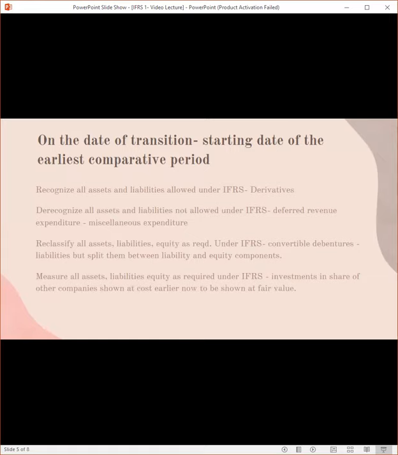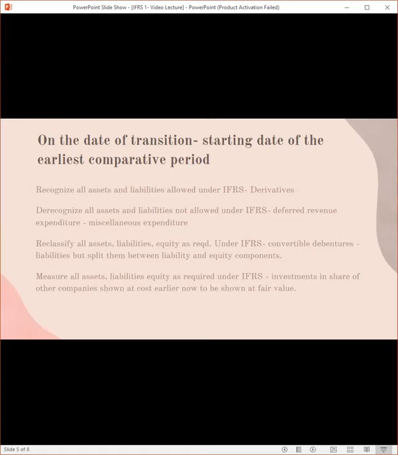So once we have sorted all of this, what is that we're supposed to do, right? So first, you have to recognize all assets and liabilities that are allowed under IFRS. For example, derivatives is allowed under IFRS. Secondly, de-recognize all assets and liabilities that are not allowed under IFRS. Your IFRS does not allow deferred revenue expenditure or miscellaneous expenditure.